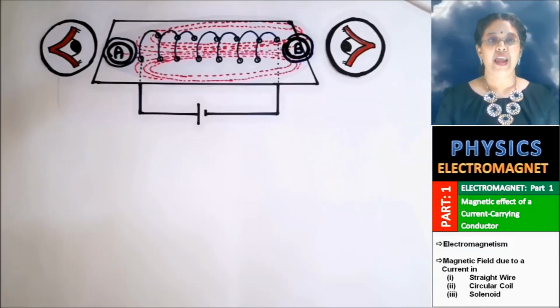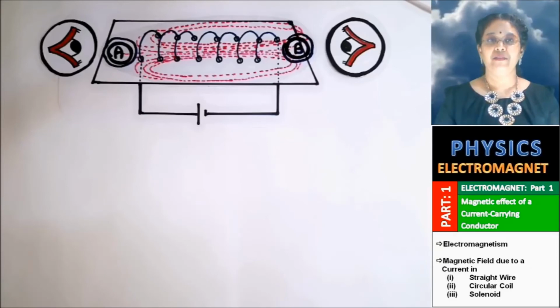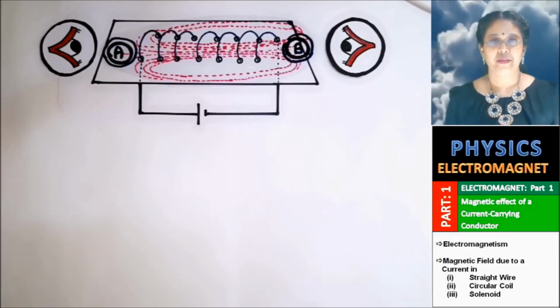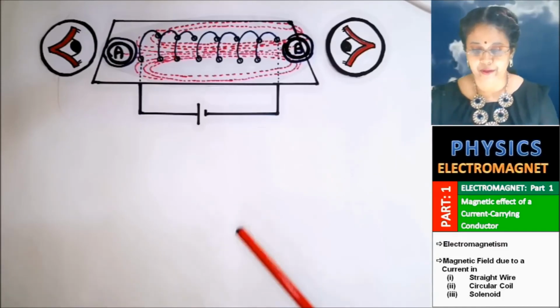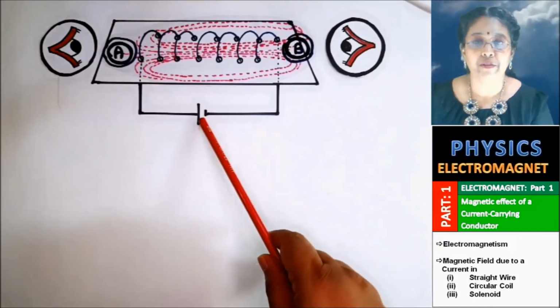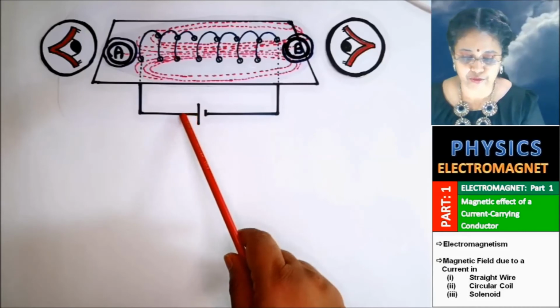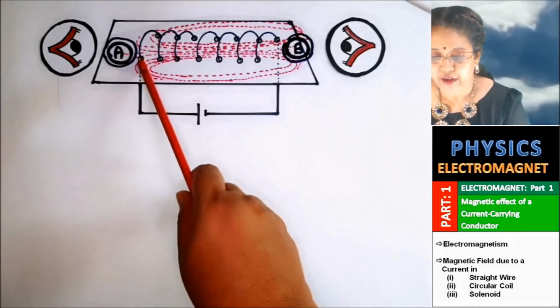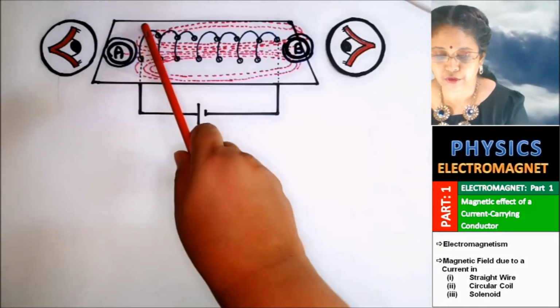At the end of A, we can say that the current flows from bottom to top. Let's go and see the diagram. This is where our battery is, and the current flows out of the battery, and if you see carefully, it goes from bottom to top.